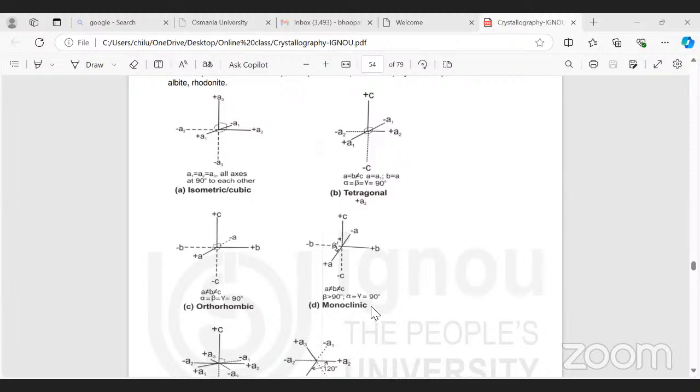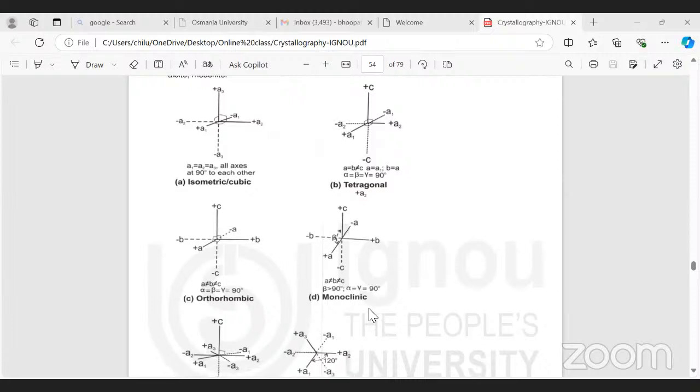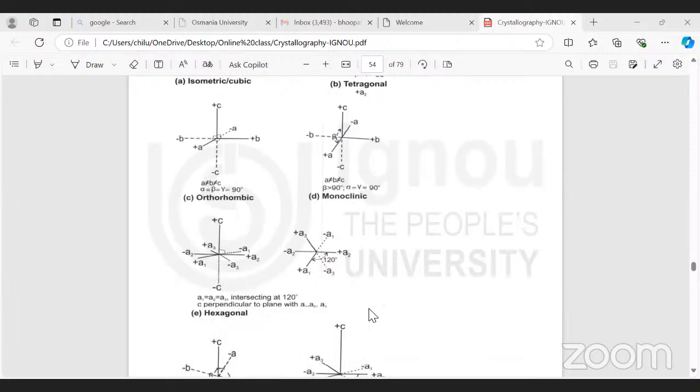Your next one is the triclinic system. Almost here all the crystallographic axes also have different lengths, and the inclination of angles also are different in almost all cases.